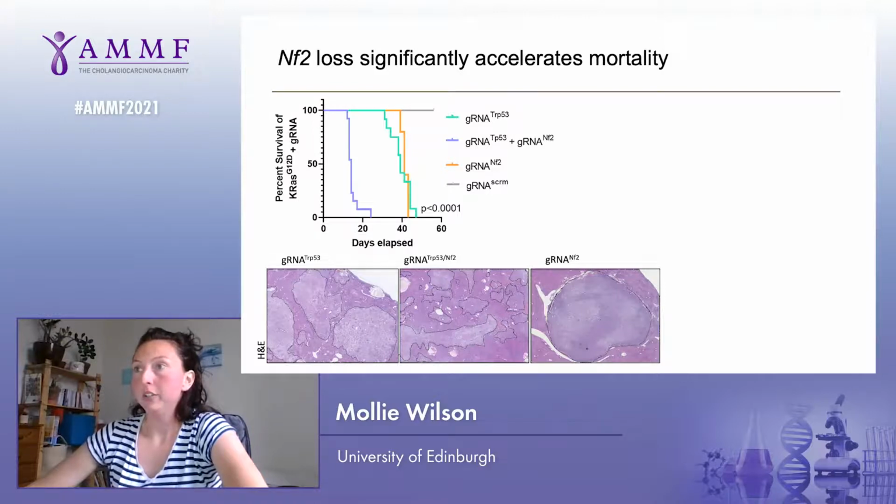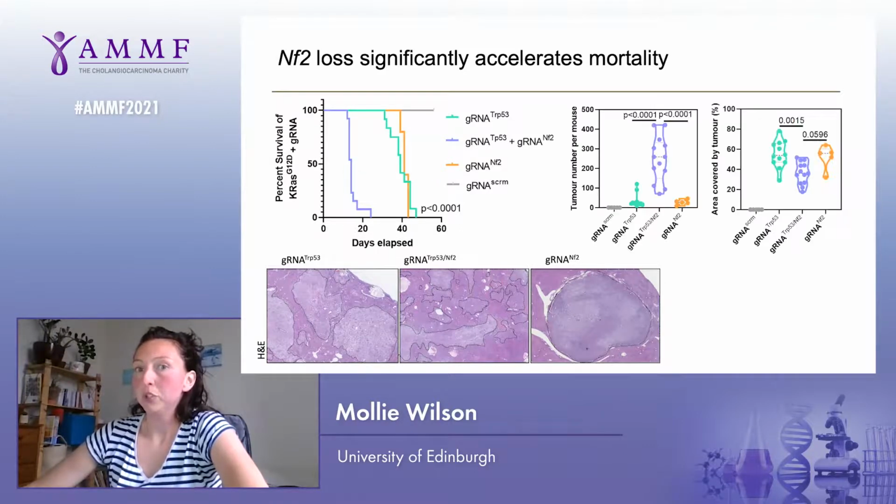Additionally, I found that when I targeted NF2 for CRISPR-mediated editing alone, these animals also developed tumours, even in the absence of TP53. So that's here. There's just some H&E stains to give an idea of what the tumours look like.